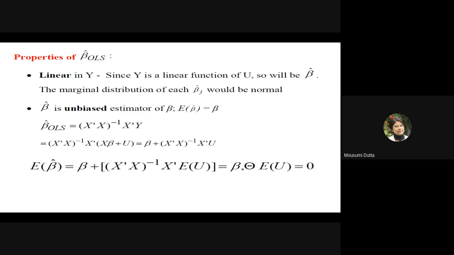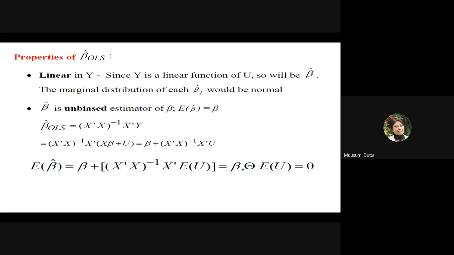It's not a single element, not a scalar. Now, beta hat OLS is equal to (X prime X) inverse X prime Y. Y I am replacing by X beta plus U, the way we presented the K variable model.